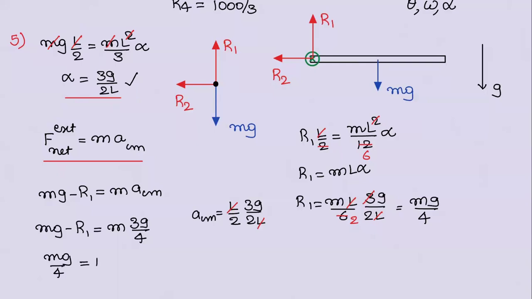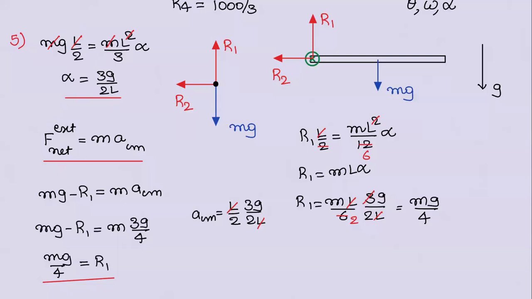That is equal to R1. I got the R1 value by using the force method. Up to alpha, it's the same in any method. Then I went through the force method and got mg/4, and the torque method also gave the same answer.